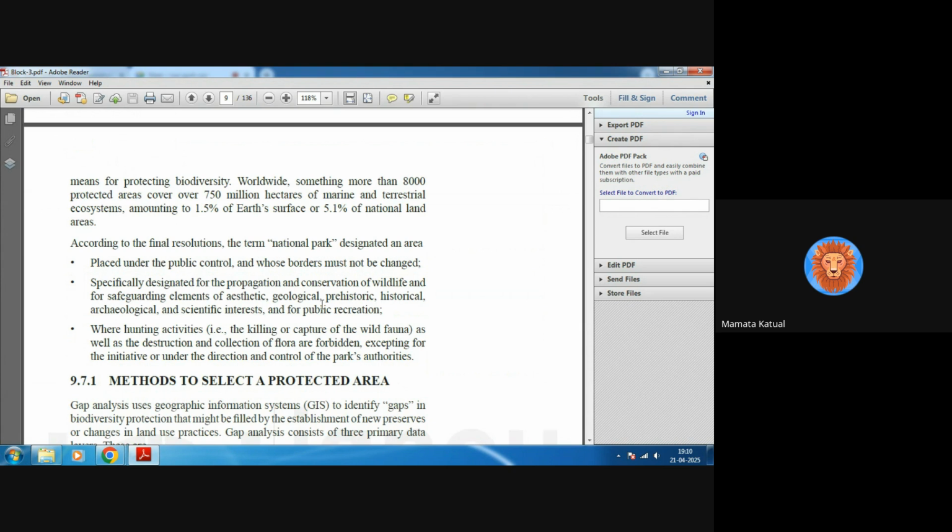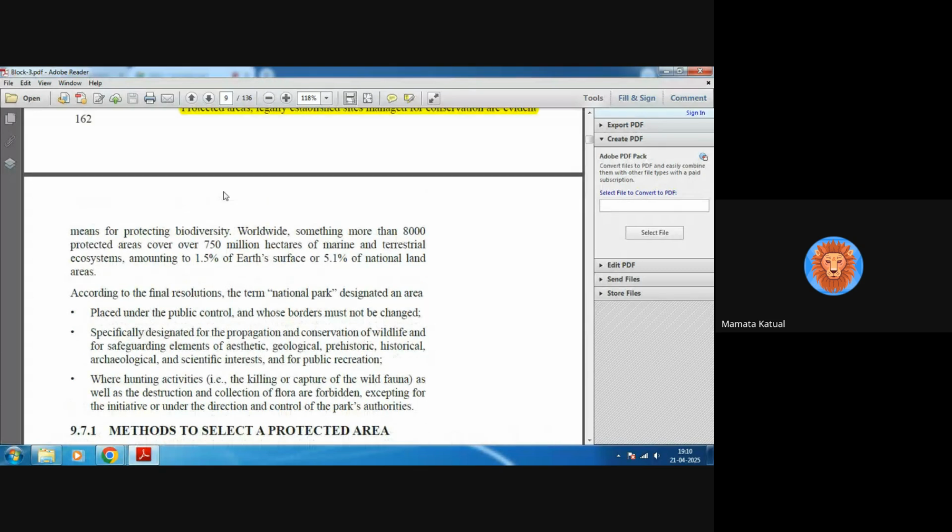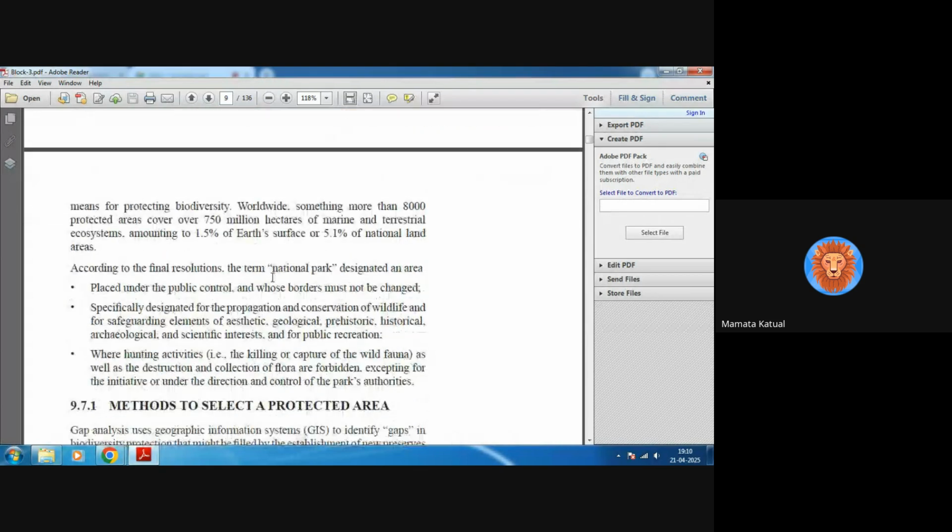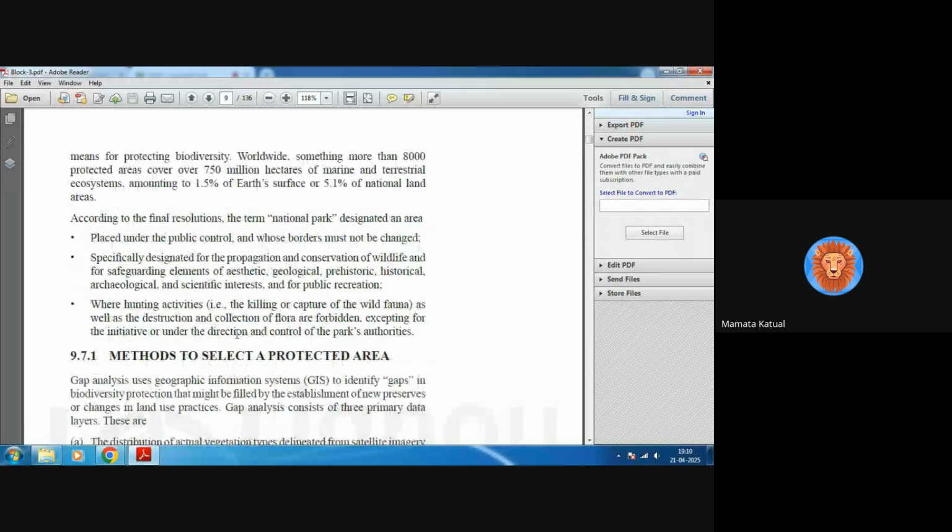If we consider only the land, then it is 5.1%. There are different types of protected areas, and we shall study them later.